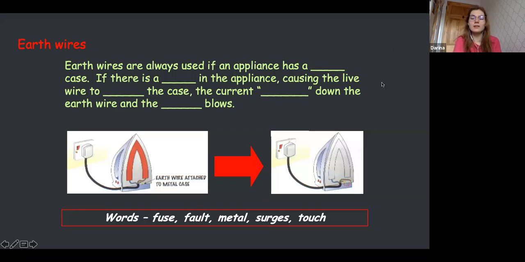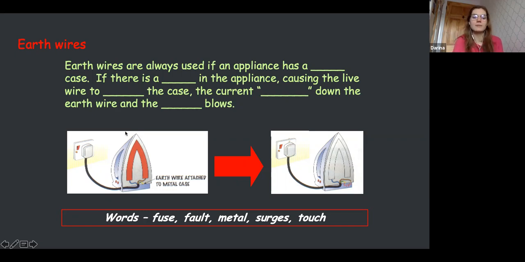Well done. The current, we haven't talked about this word actually, surges down the earth wire. And what do you think blows? What can we say blows? The fuse blows. So when a fuse melts, we typically say that the fuse has blown, right? So that is the fuse that we've just seen in the plug.